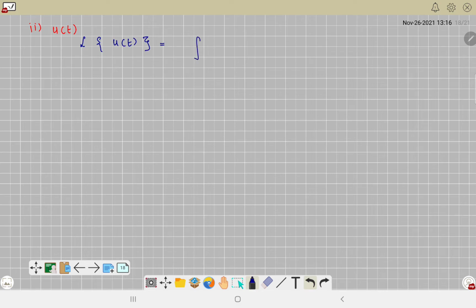So it will be the integral from 0 to infinity of u of t e raised to the power minus st dt, which is the integral from 0 to infinity of e raised to the power minus st dt, which will be minus 1 by s, then you take e raised to the power minus st from 0 to infinity.